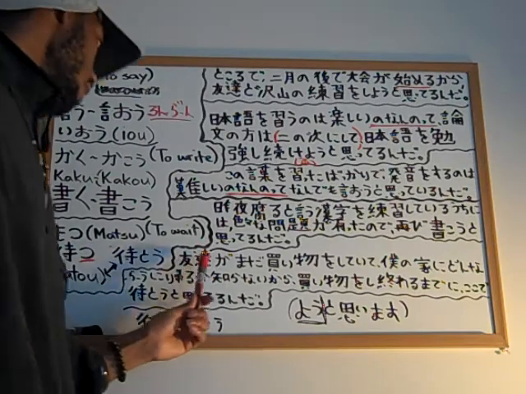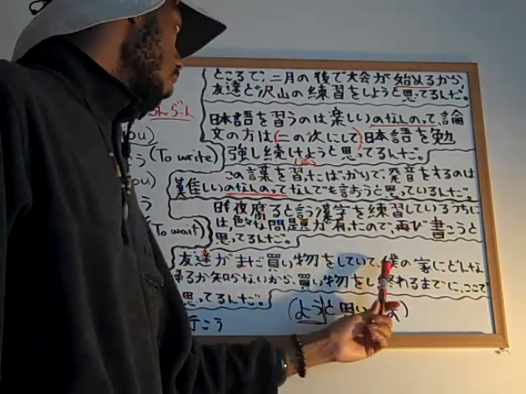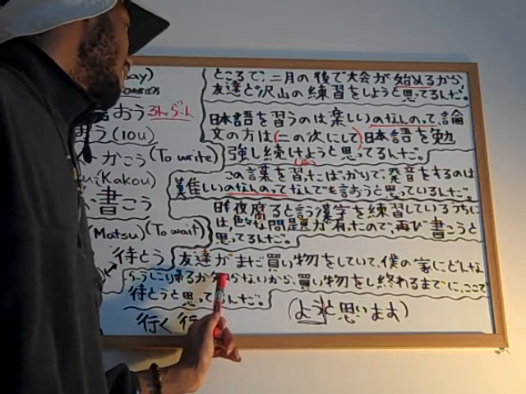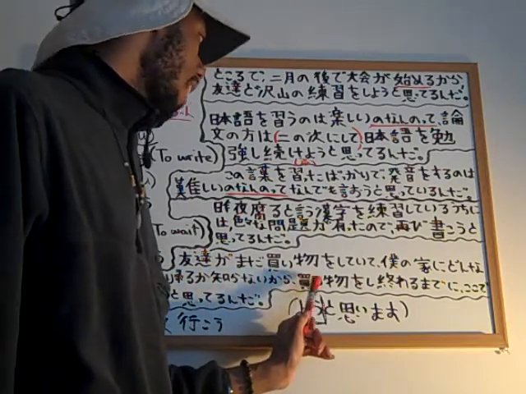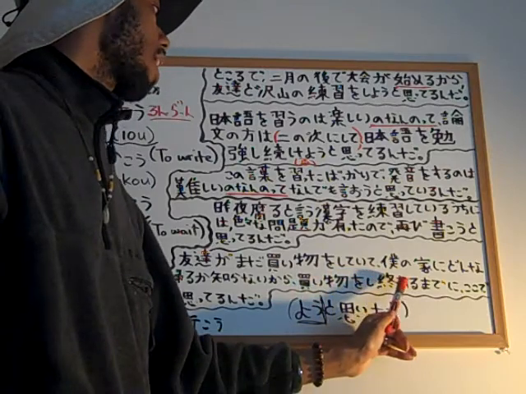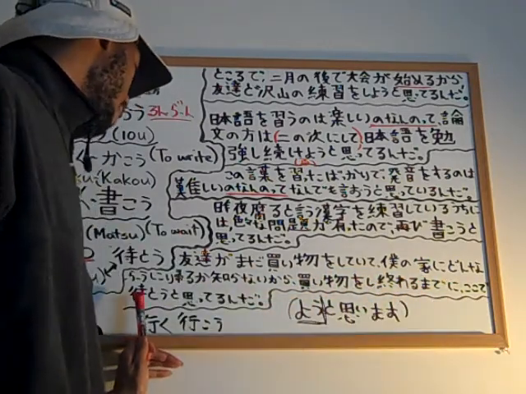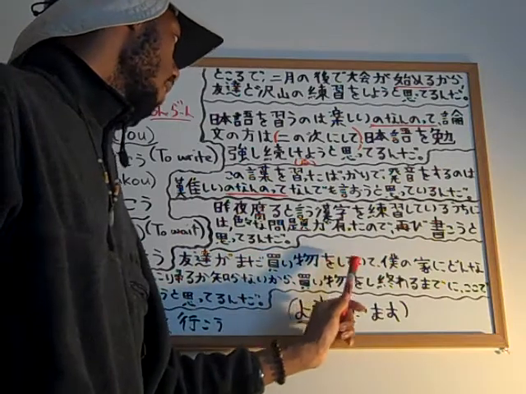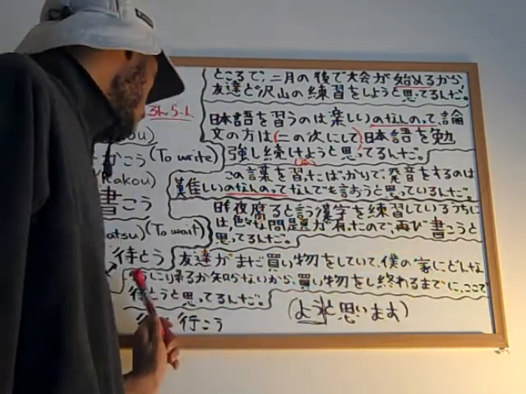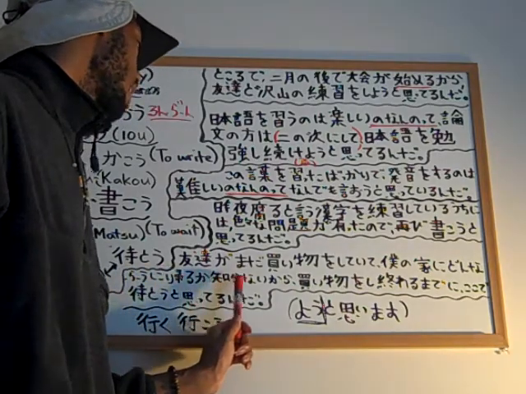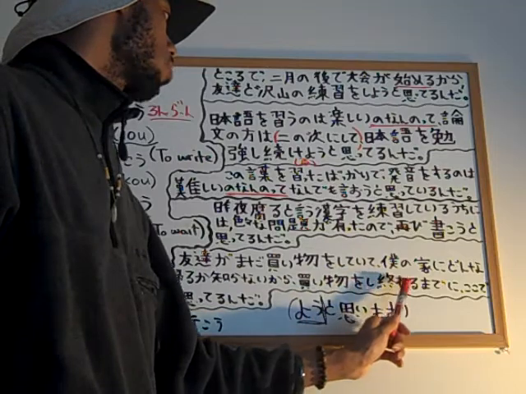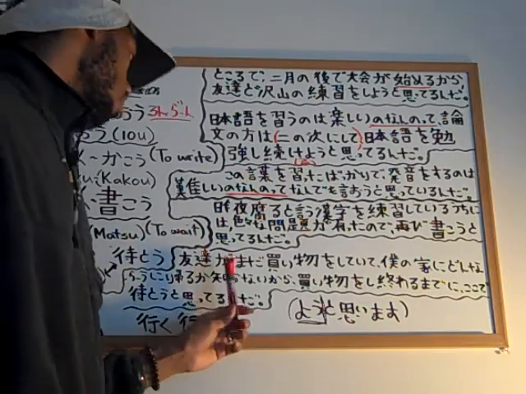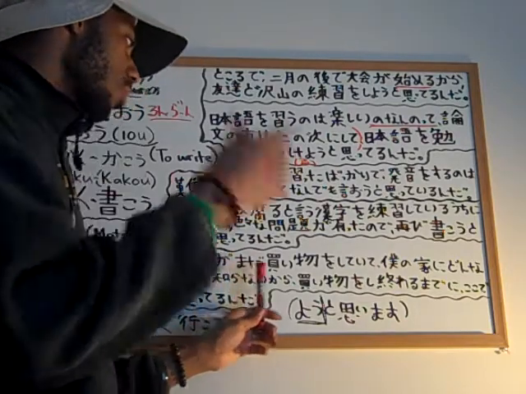Last one. 友達がまだ買い物をしていて、僕の家にどんな風に帰るか知らないから買い物をし終わるまでにここで待とうと思っているんだ。So, 友達, my friend, okay, so my friend is still shopping.